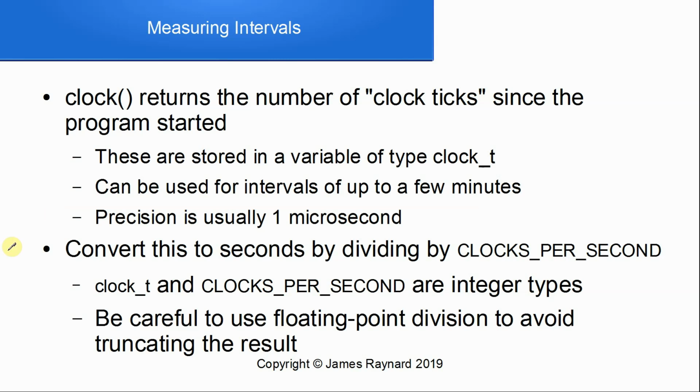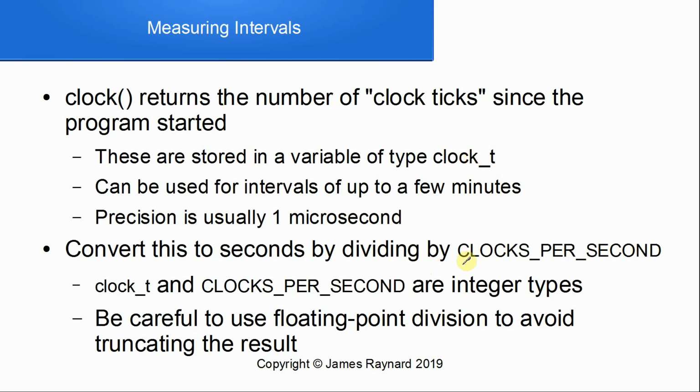Usually we're not very interested in clocks, especially if they don't correspond to reality. We're interested in seconds and fractions of a second, and we can get that by dividing the clock ticks by clocks per second. This is a constant which is defined in the CTime header file. This is an integer type and clock_t is an integer type, so we need to be careful when we're dividing them, because by default they're going to do integer division, which will ignore any remainder.